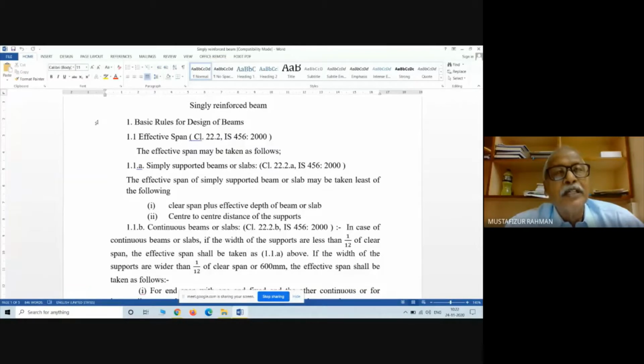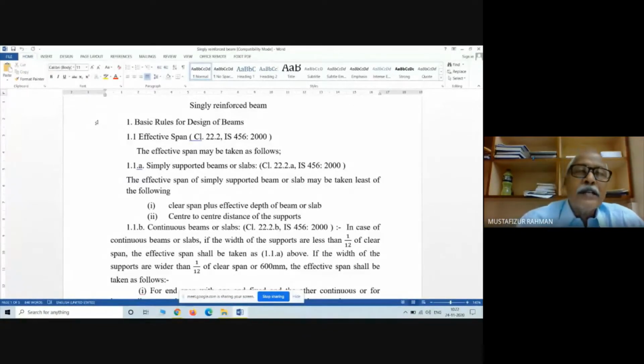No problem is coming. Whatever two guidelines are given are related to some properties, and those properties are also not known, because the first one is clear span plus effective depth of the beam or slab.